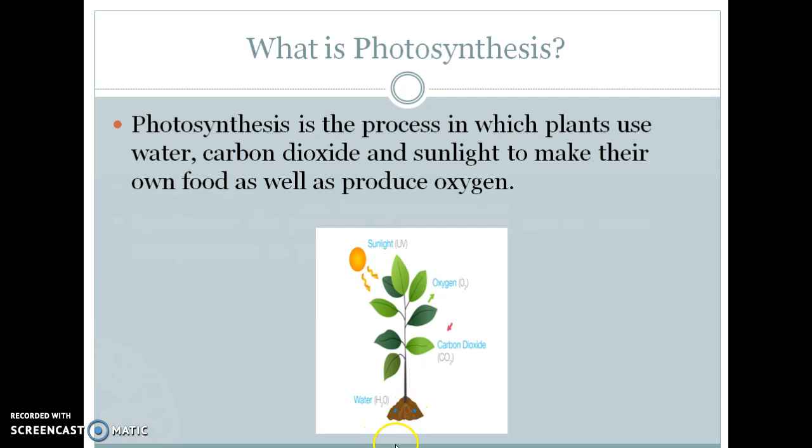And in this photo there is a plant, and you can see the elements that it uses to produce its food, which is sunlight, water, and carbon dioxide, and it then releases oxygen. Okay, so just take a look at that, and you're welcome to take notes during the process.